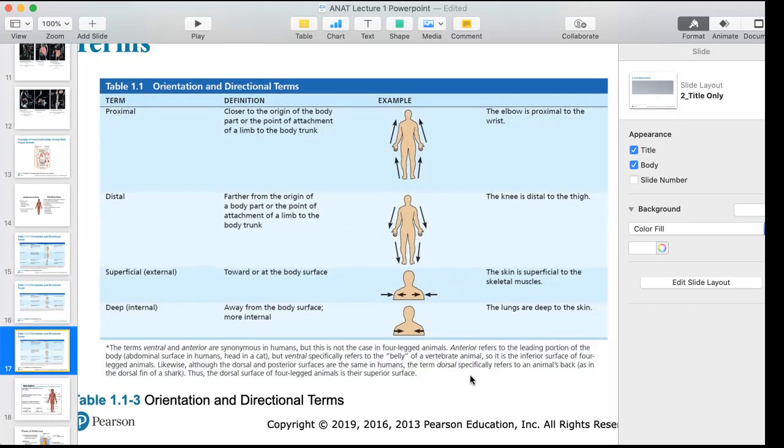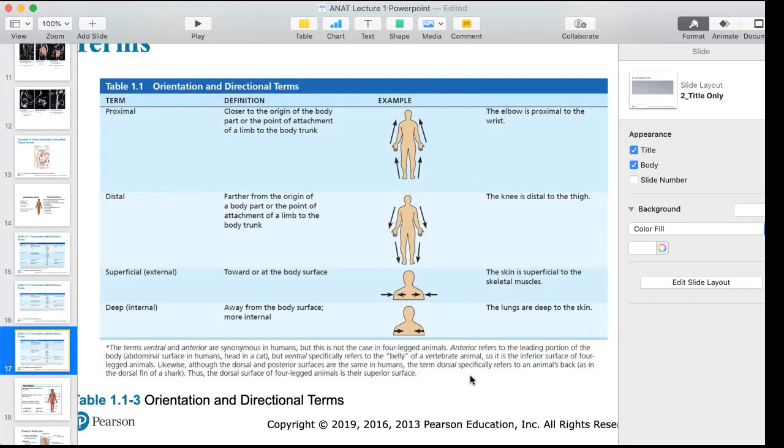Deep is going to be more internal, so more toward the middle of the body. So we can say the heart is deep to the sternum, or the spinal cord is deep to the integumentary system.